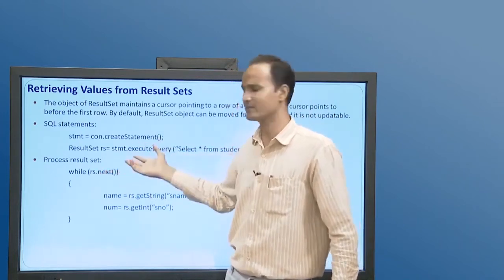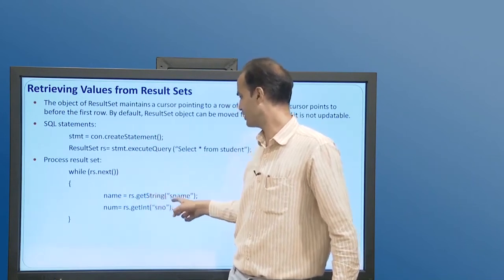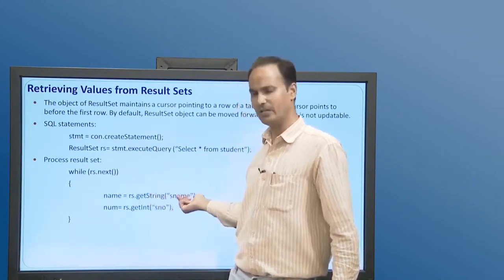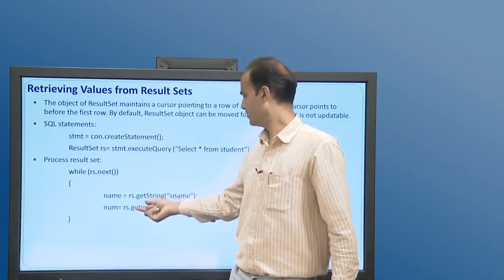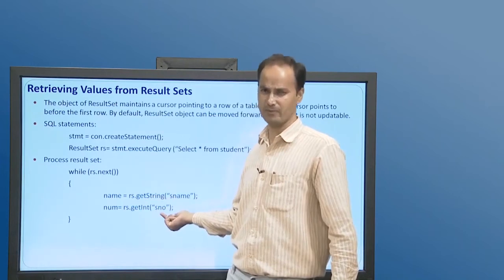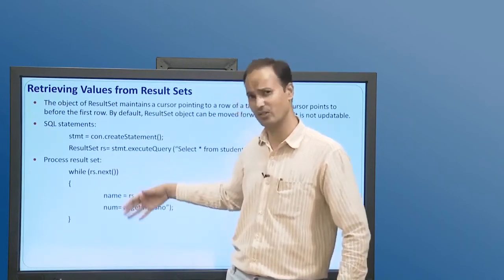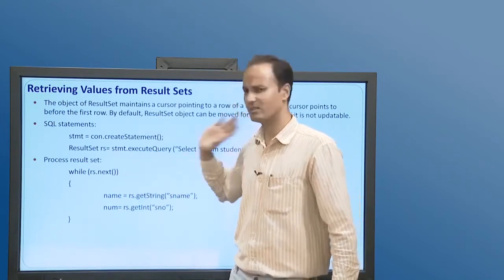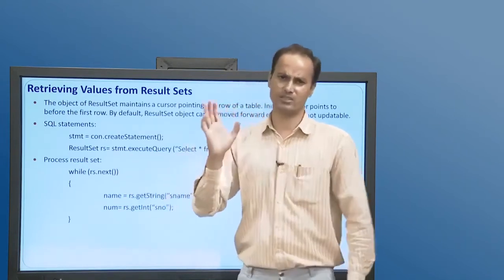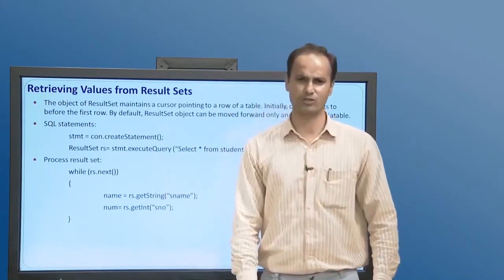If the record is there, we can get it using the result set method get string with the database field name. For another field, we use result set dot get integer with the database field name. In the same way, if more than one record is there, you can traverse through this till the loop turns false, and it will display and manipulate the records from the result set.